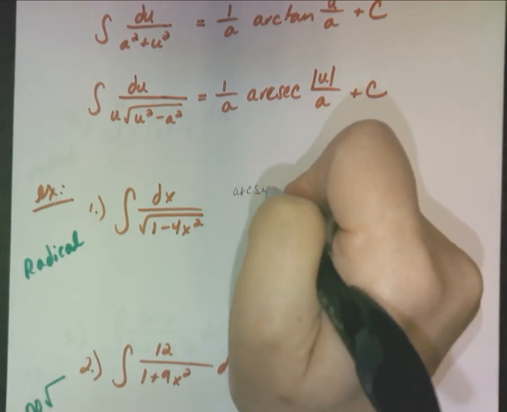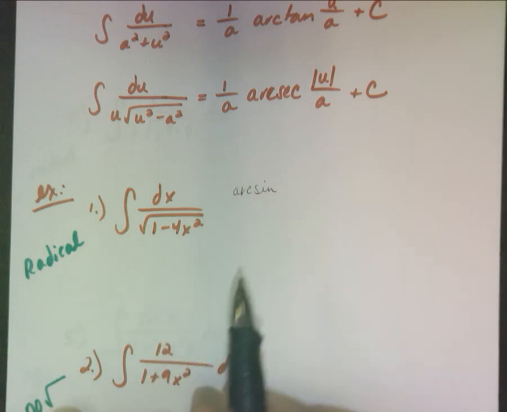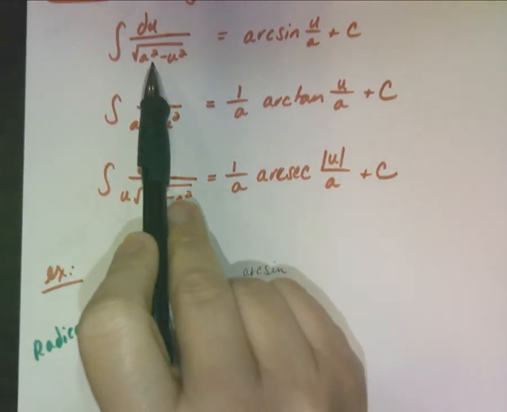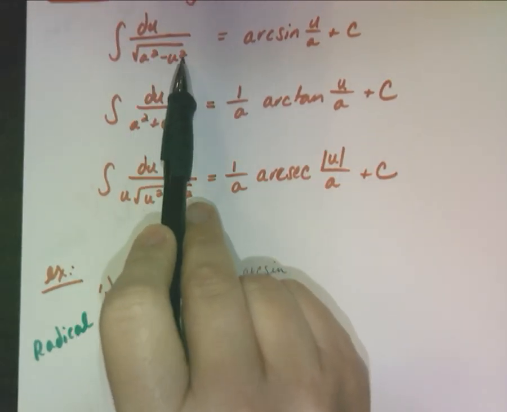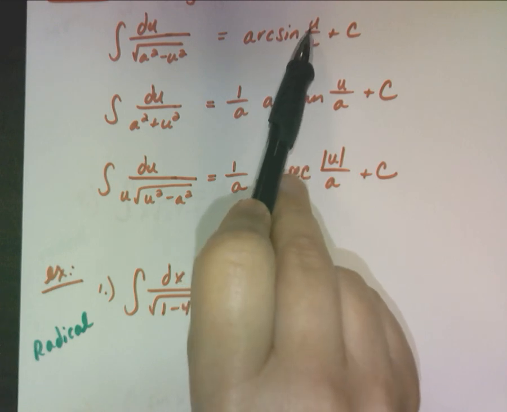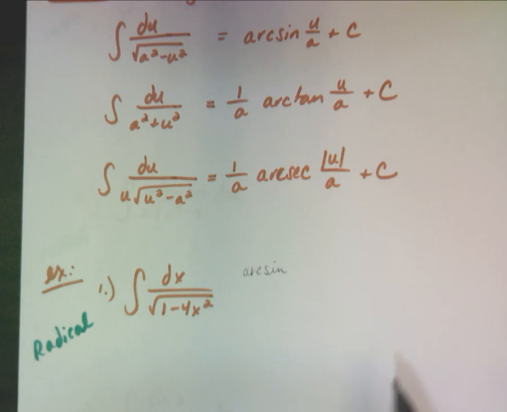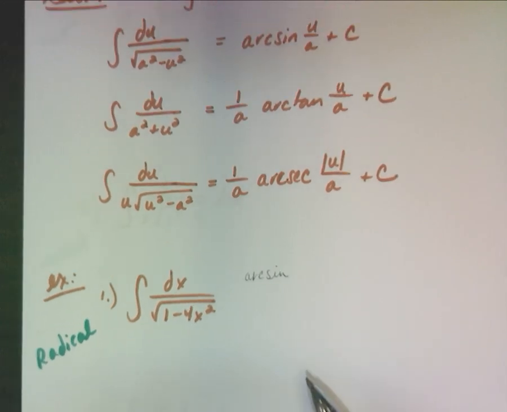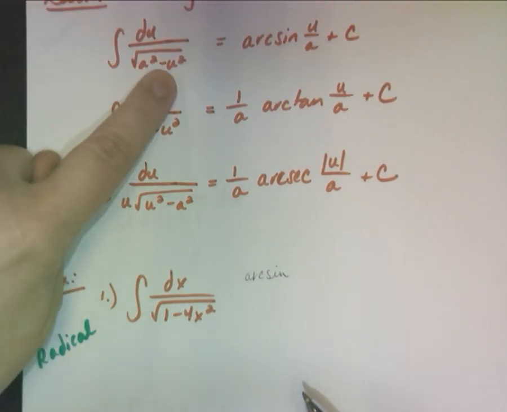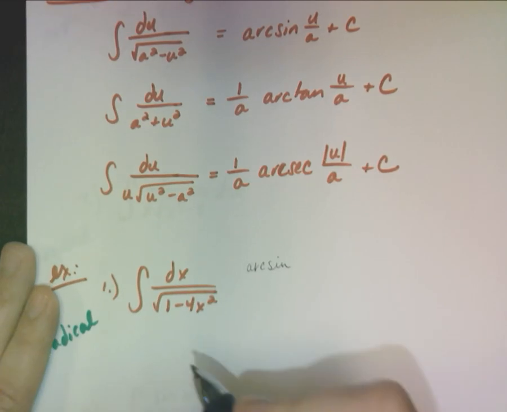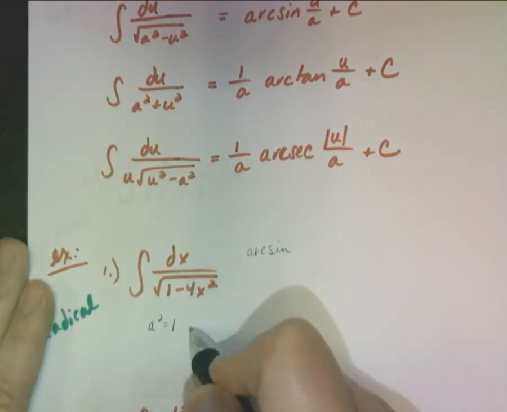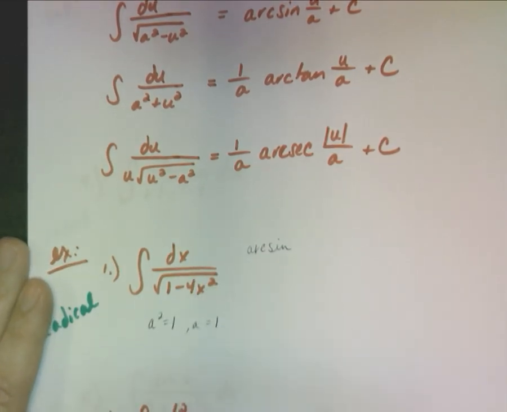So here's what you need. You need to know where your a squared is and where your u squared is, and then we actually need to take the square root of them to have a u and an a in our final output. So our a squared, again, a squared minus the u squared. Our a squared would be 1, which means your a is 1.